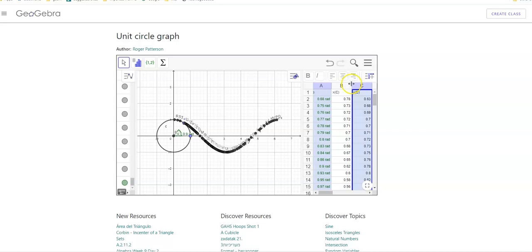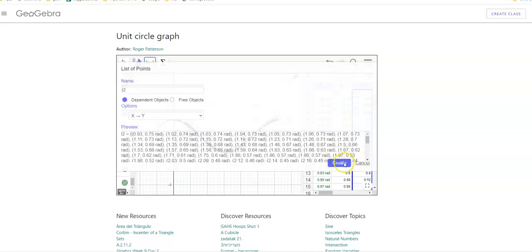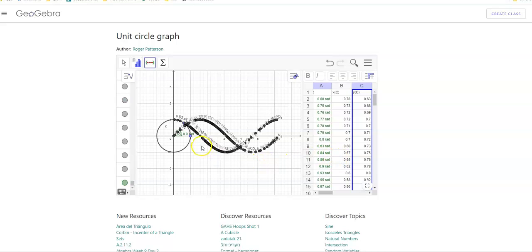I know I did it once, but I can't remember exactly what it was. So I'm going to come over here to this list of points. And there they are, and I'm going to create it. Now I have another list of points. This would be radians versus the Y. It goes up, peaks, comes back down, and goes back up again. Cosine is this one.